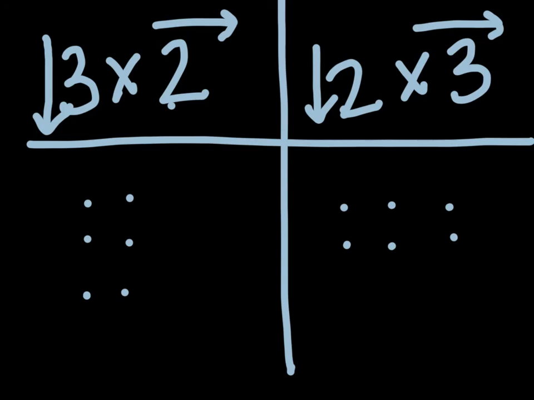So with either problem, I'm getting a product of 6. But with an array, like I've said twice now, it is so very important that you make it the correct way because it's going to determine later down the road area and perimeter, which we'll get into kind of around January. So just for now, just make sure that you're putting your rows and your columns in the right spots.